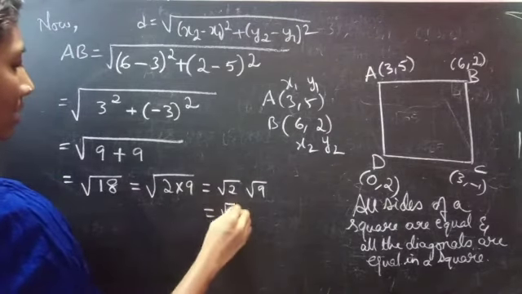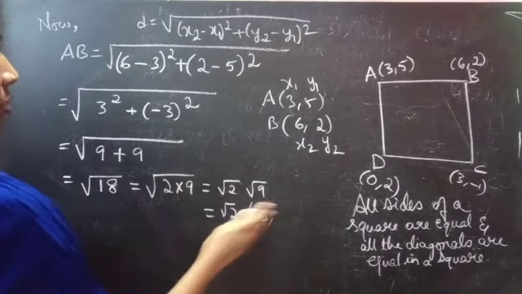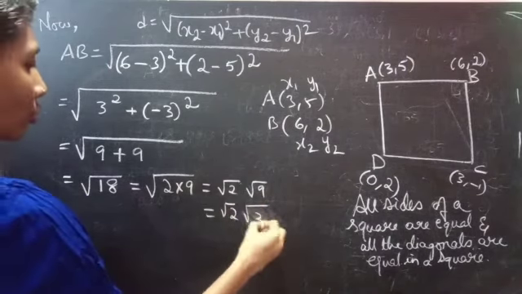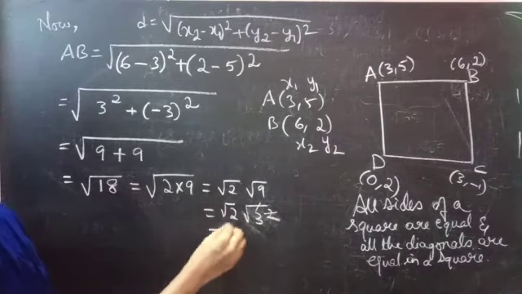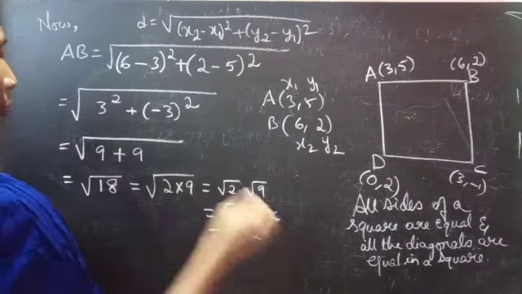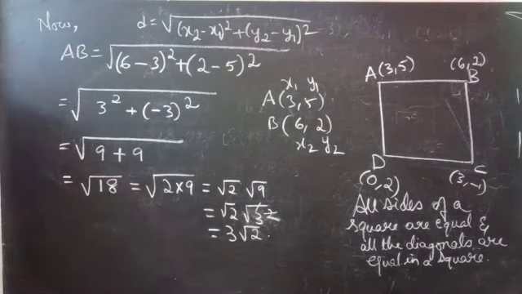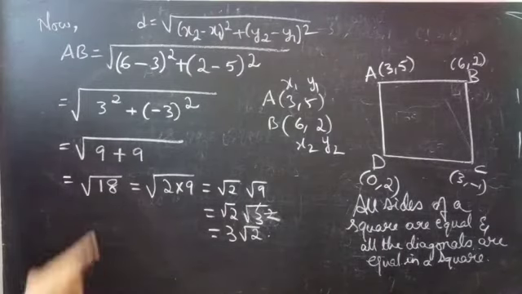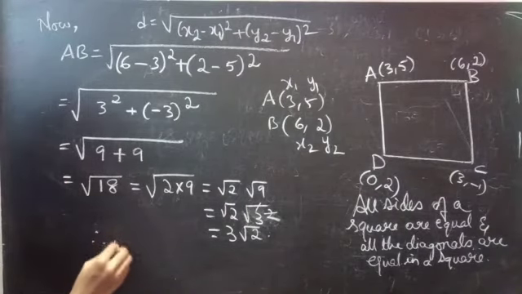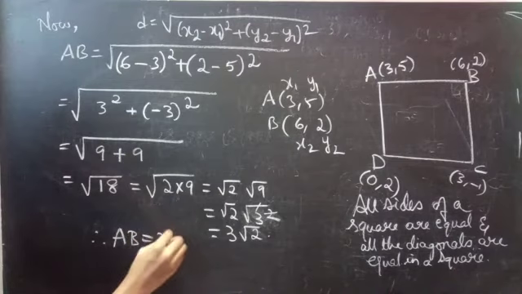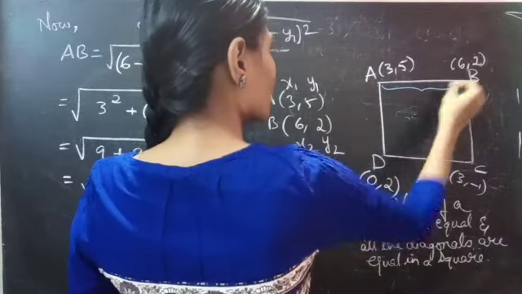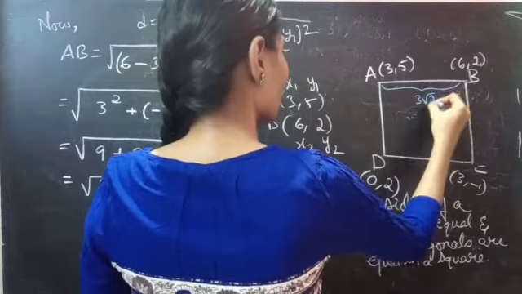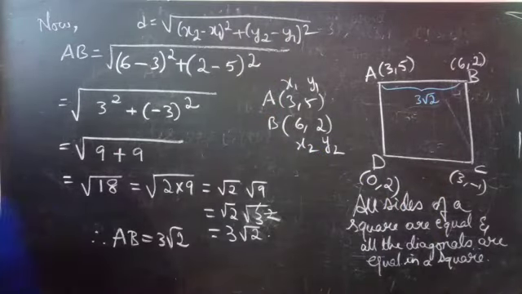So you can write it as square root of 9 is root 3 square and the square root gets cancelled. So finally this is equal to 3 root 2. Therefore AB equals 3 root 2. Okay.